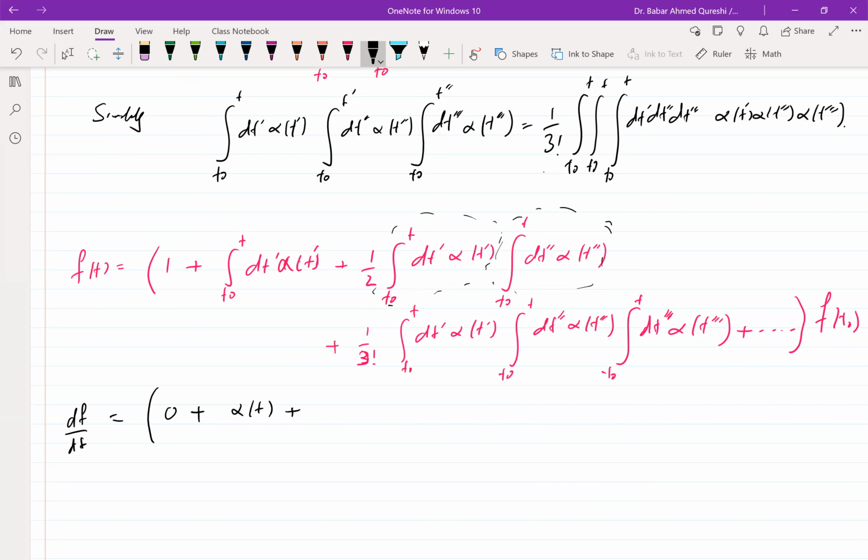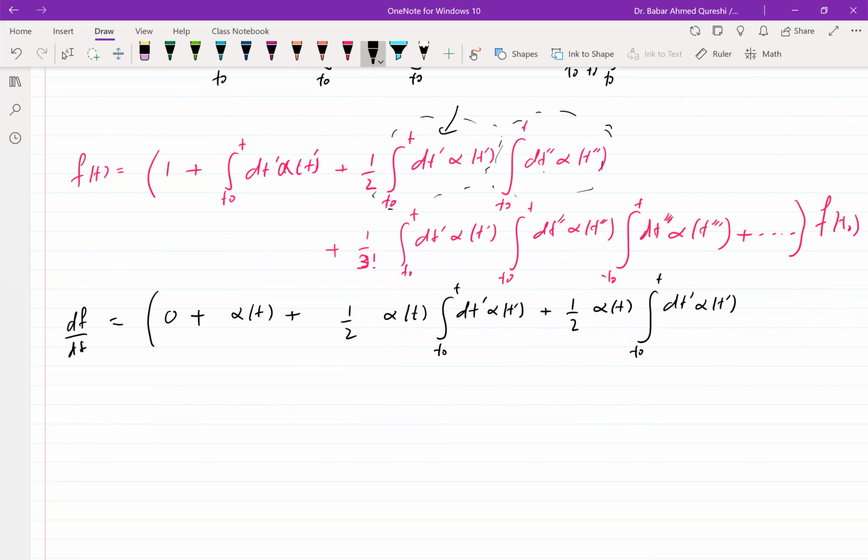And when I use the Leibniz rule, the first term gives me alpha of t, t naught to t, dt'', which I'm going to just relabel and call it alpha of t'. And the next term, again, it leaves this integral, but takes the derivative of this and evaluates it at t. So it again gives me alpha of t, t naught to t, dt', alpha of t'. So this half is absorbed.